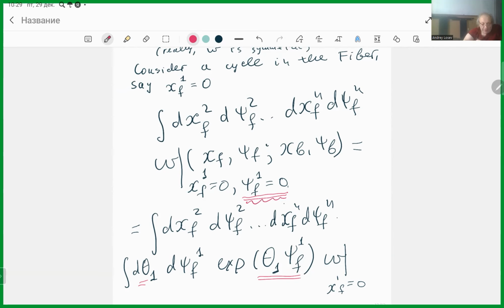So it is a non-trivial step to replace this condition by an integral over theta. It is known as the integral representation of the delta function in odd variables.